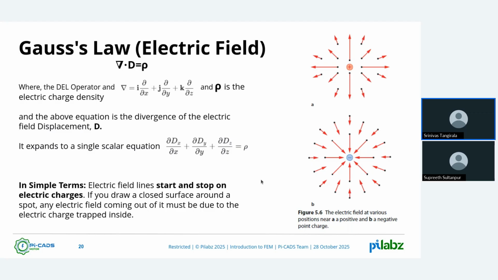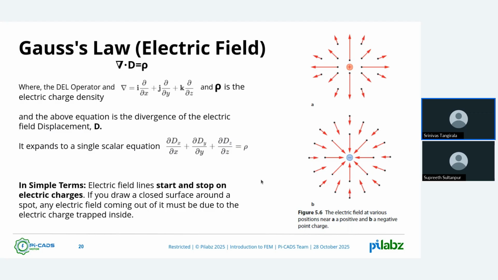So the rates of change in the X, Y and Z directions are represented by dou x, dou y, and dou z. Okay. And rho is the electric charge density. So that is the representation of del dot D is equal to rho.